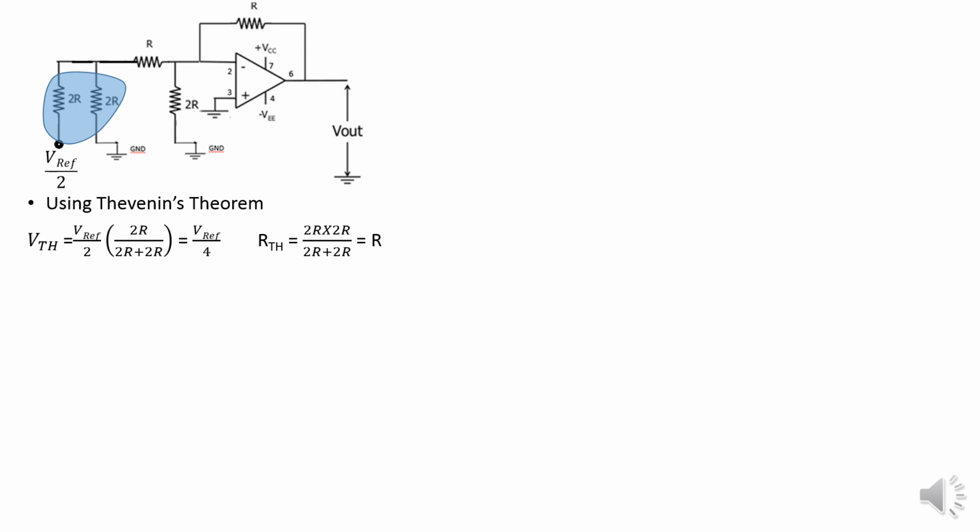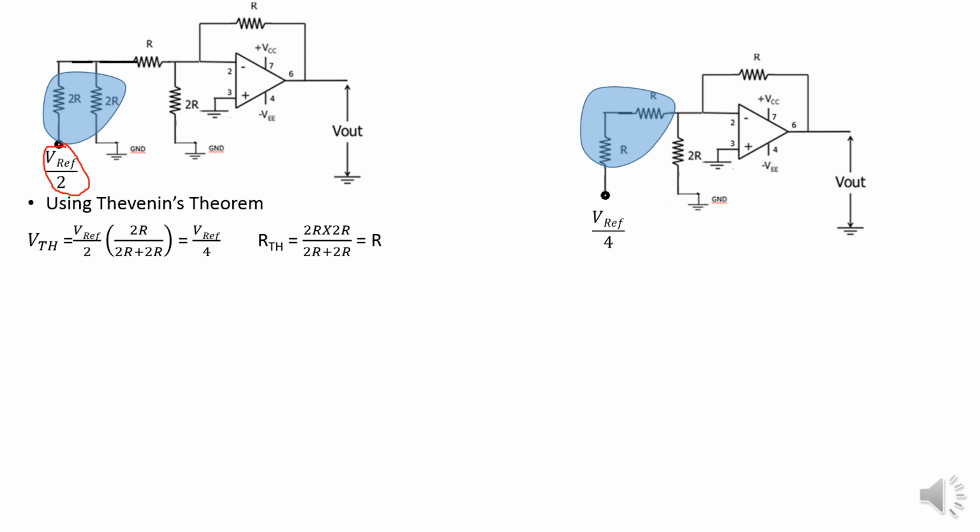And the RTH is the parallel combination of these two resistors. By replacing this V reference with ground, we get two 2R in parallel, hence the RTH will be the parallel combination of two 2R resistors, which is equivalent to R. So this is what we will get: R with V reference by 4. The circuit is replaced with Thevenin's equivalent voltage VTH and Thevenin's equivalent resistor RTH.